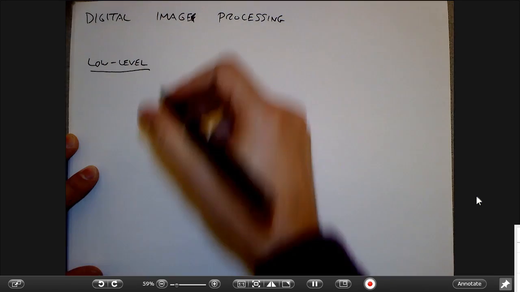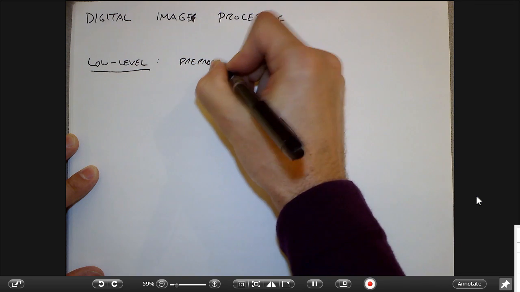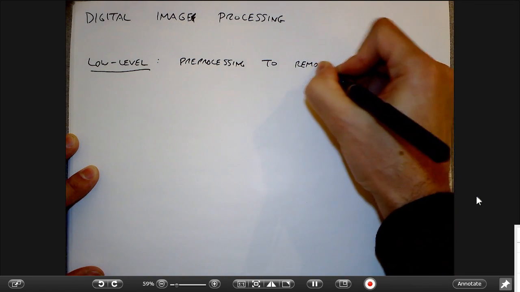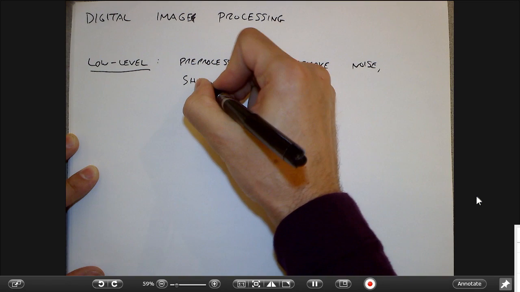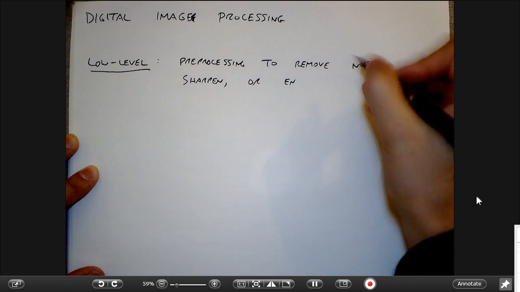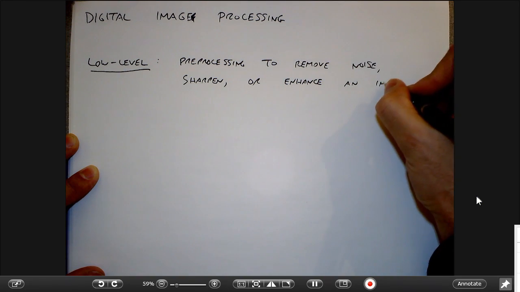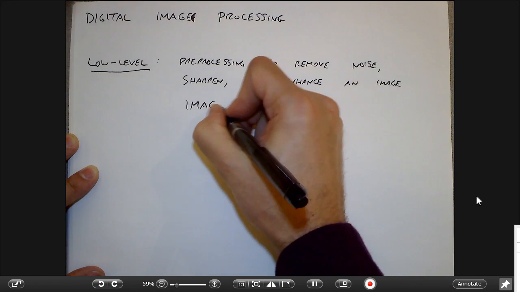So this is pre-processing the image to remove noise, sharpen it, or enhance an image. And generally the way I think about this is the input is an image and the output is an image.